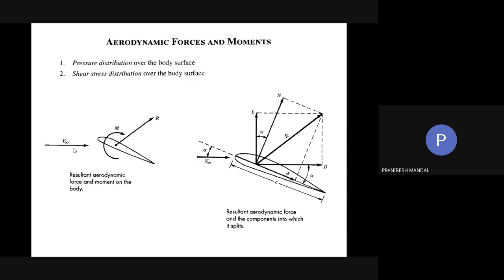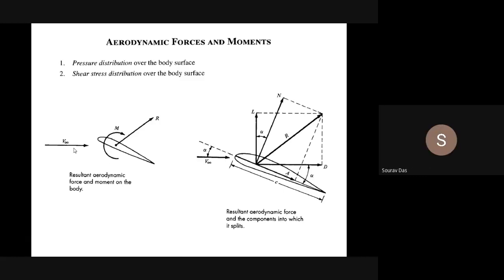Lift means the force in the upward direction, and drag is actually preventing the body from moving forward. Because drag is in the direction of V infinity, it is just in the opposite direction of the object velocity. Up to this, is it clear to you or not?